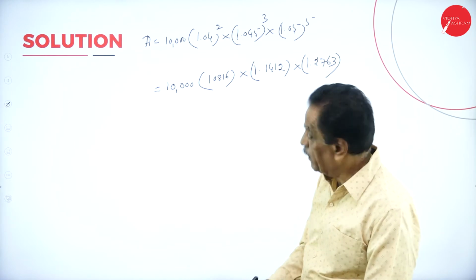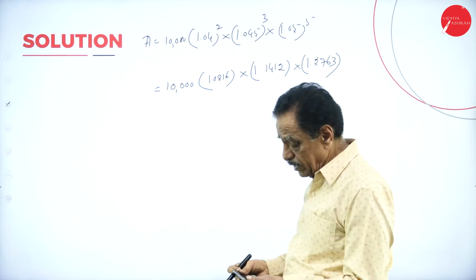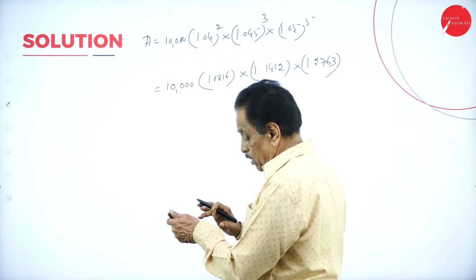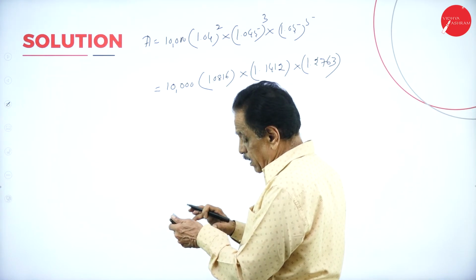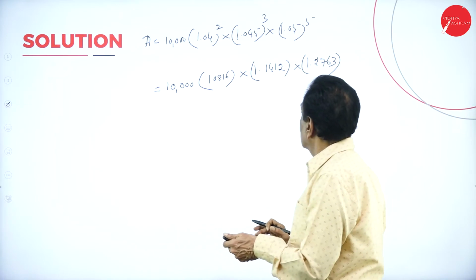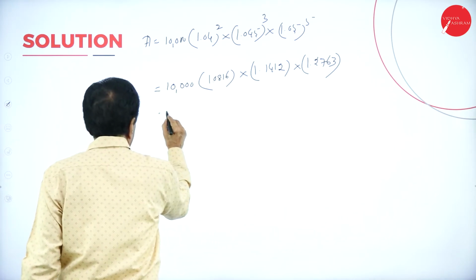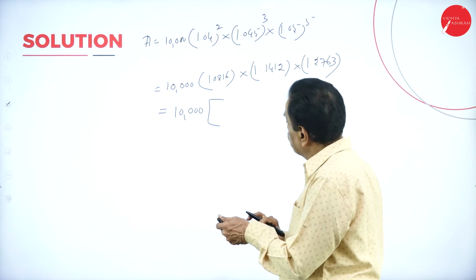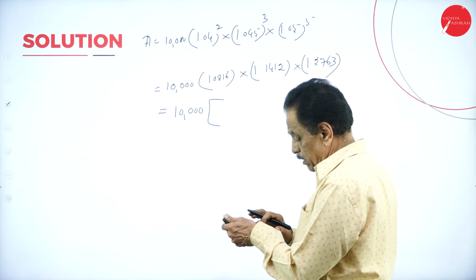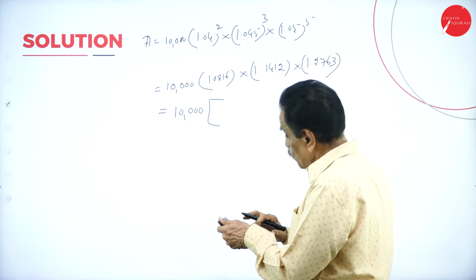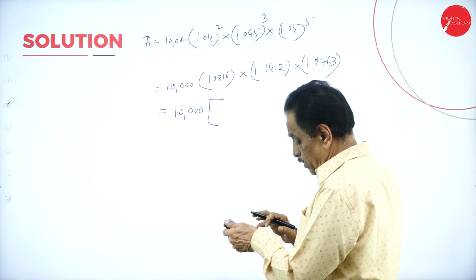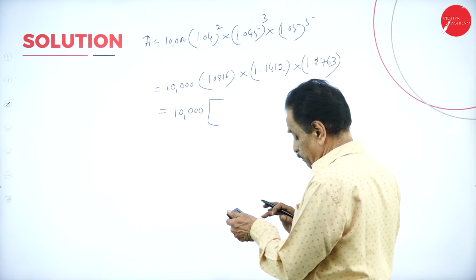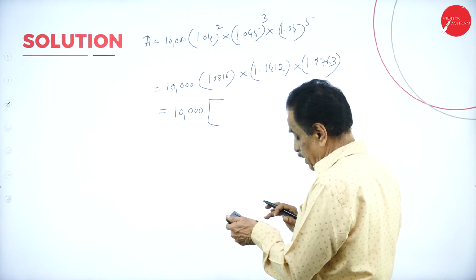So multiply all these things. 10,000 into 1.0816 into 1.1412 into 1.2763.